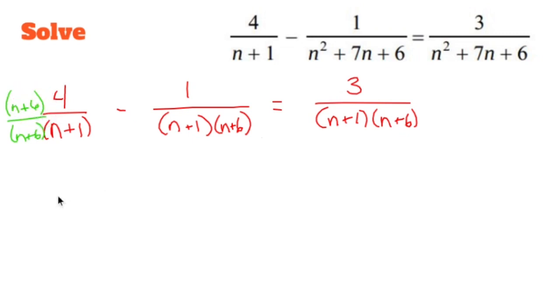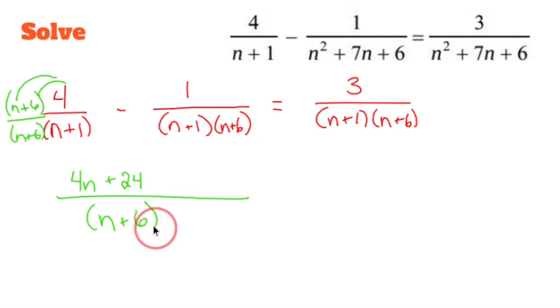Okay? So now I can do this. If I were to distribute 4 to n plus 6 in parentheses, that gives me 4n. 4 times 6 is 24. And now that these are the same denominator, I can combine the numerators, giving me this guy, and minus 1 comes along for the ride.